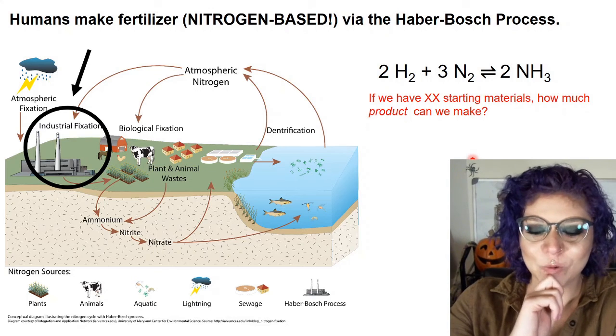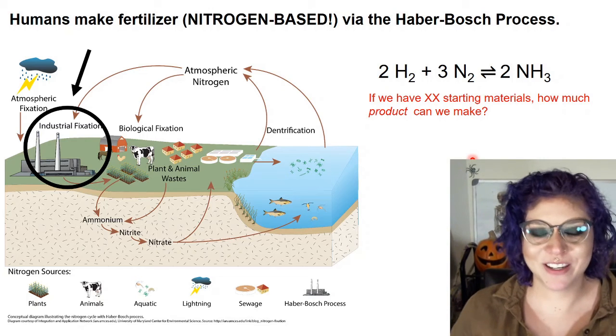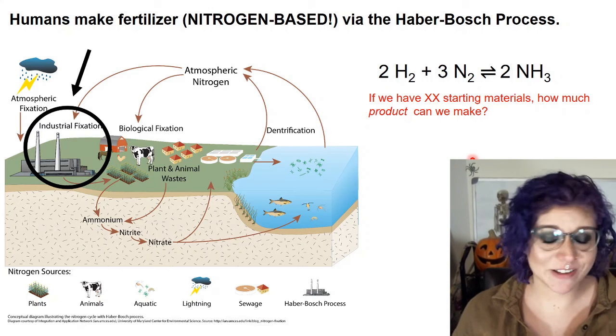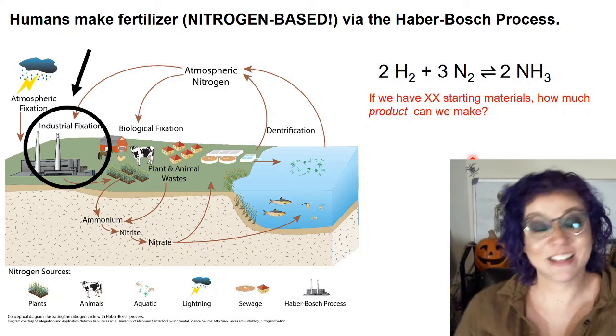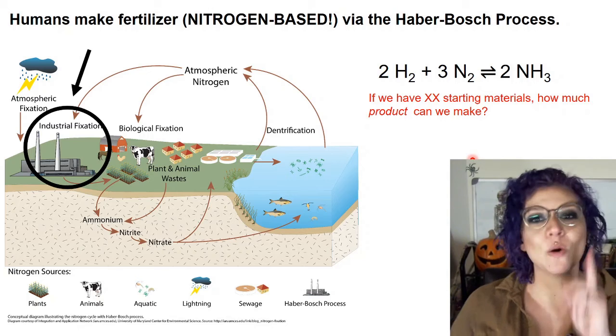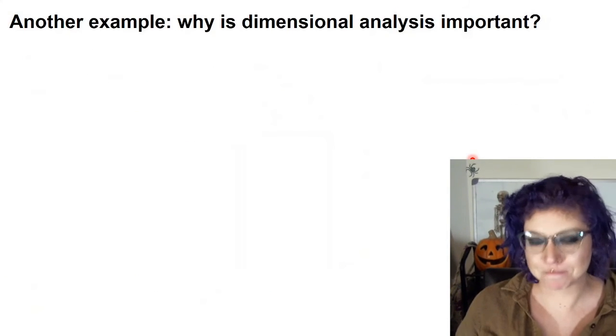So, we're learning about dimensional analysis now, kind of the fundamentals. But y'all, later on, your generation is going to be solving a lot of these big problems. And it starts with understanding the basics. All right, let's look at one more example of why we care about dimensional analysis.